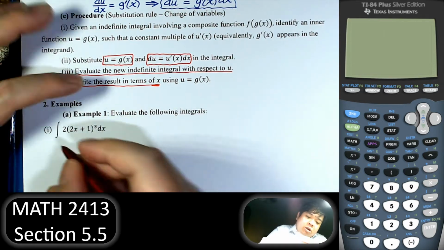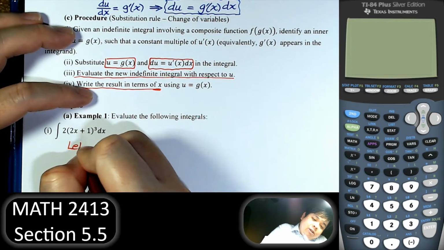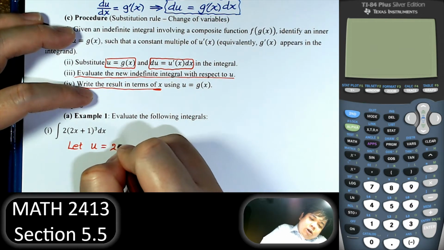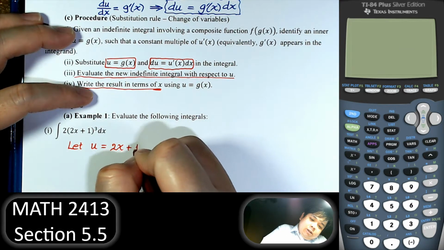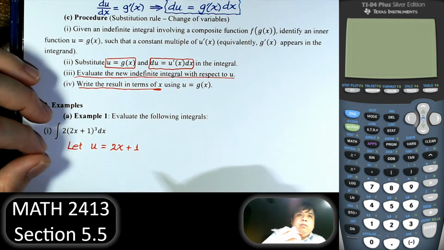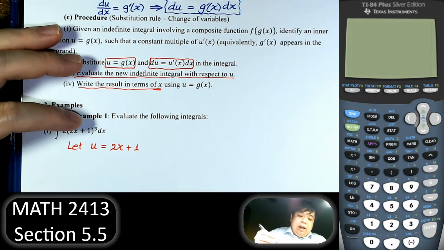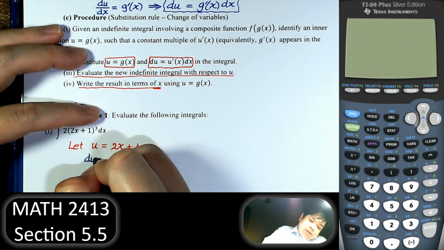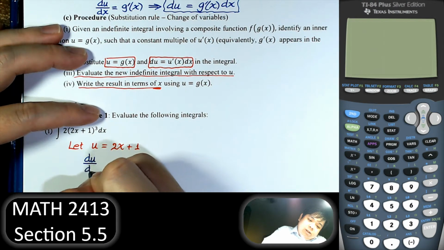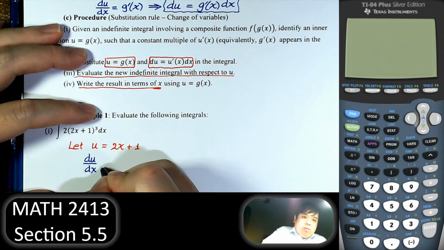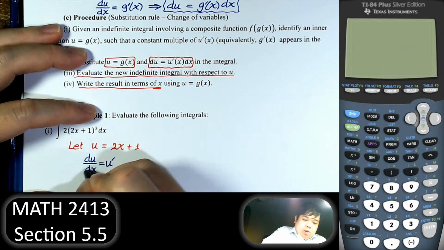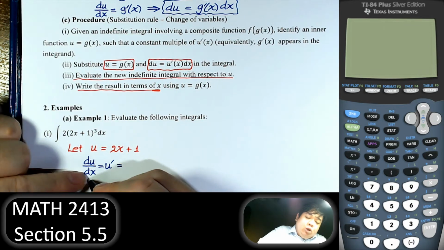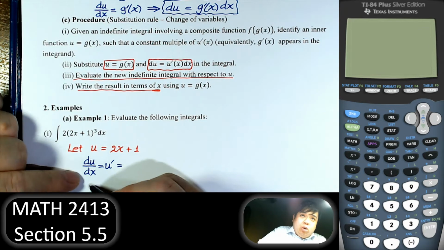Or in this case, what is inside the parentheses, usually that will be u. So in this case, let u be equal to 2x plus 1, right? And after that, we can take the derivative, u prime or du over dx. Either way, the notation means the same thing.